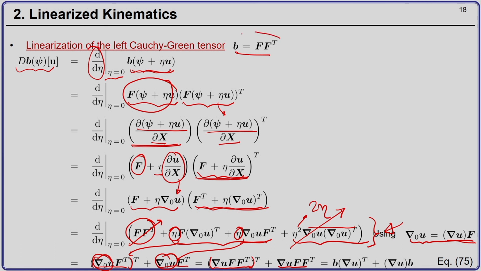Now, recognizing that F F transpose is nothing but the left Cauchy Green tensor B, I arrive at the final expression: B times the spatial gradient of u transpose plus the spatial gradient of u times B. So, that is equation 75, which gives you the change in the left Cauchy Green tensor B when the current configuration undergoes a small change u.